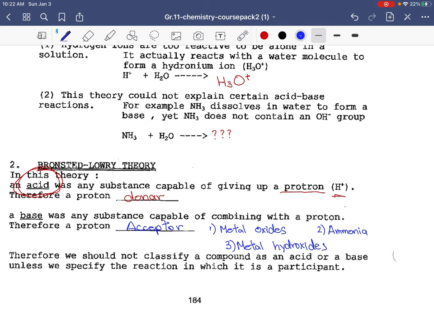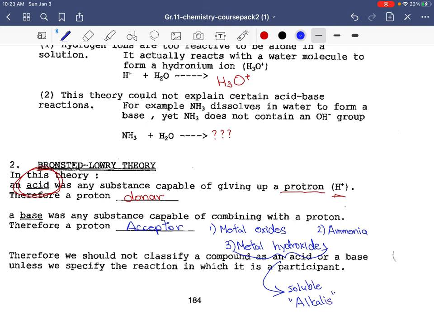Now, there's a word that I want you guys to know about metal oxides. Metal oxides that are soluble, as in soluble in water, have a special name called alkalis.